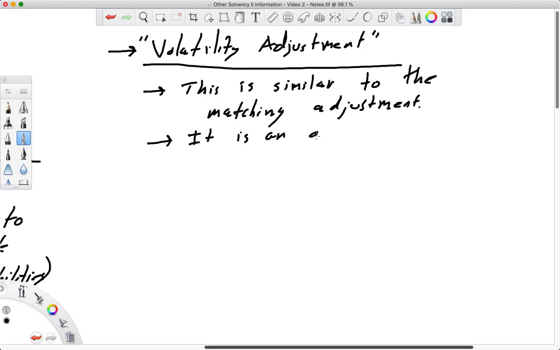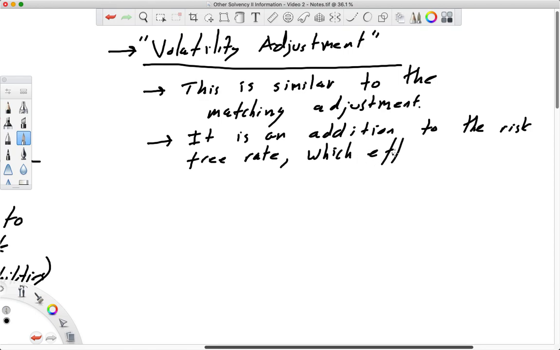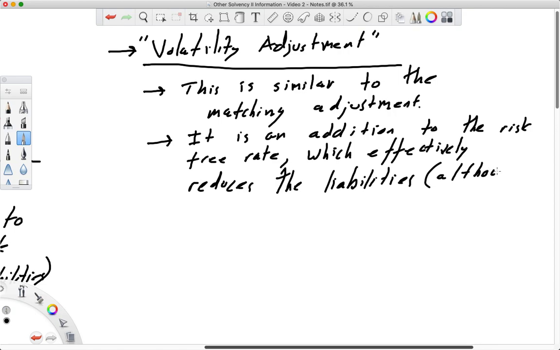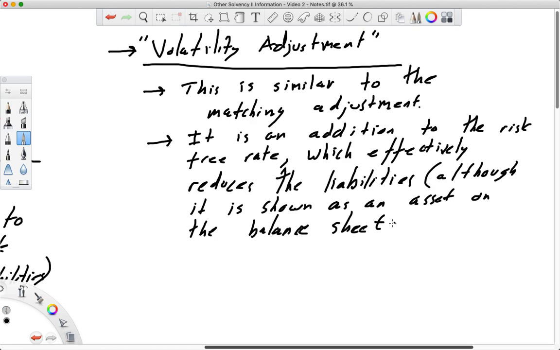It is an addition to the risk-free rate which effectively reduces the liabilities, although it is shown as an asset on the balance sheet.